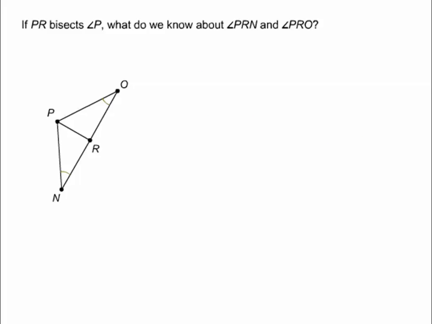It says PR bisects angle P, so I'm going to know that these two angles right here are congruent. What do we know about angle PRN and angle PRO? Oh, they're going to be congruent as well. Let me draw a double line there, like that.